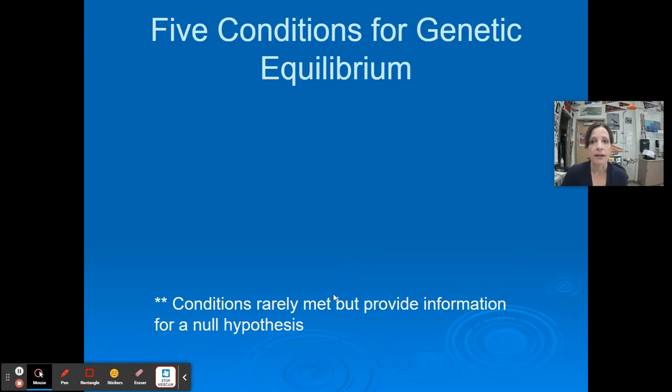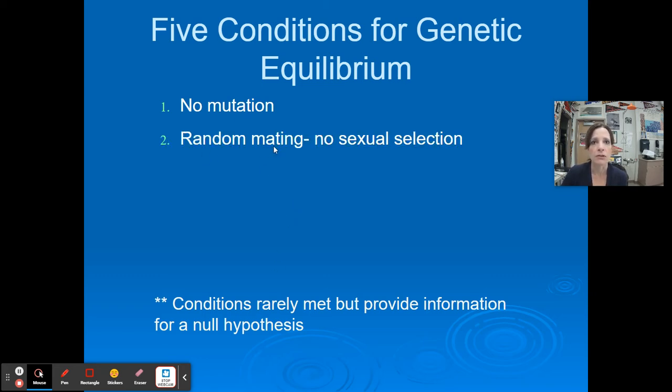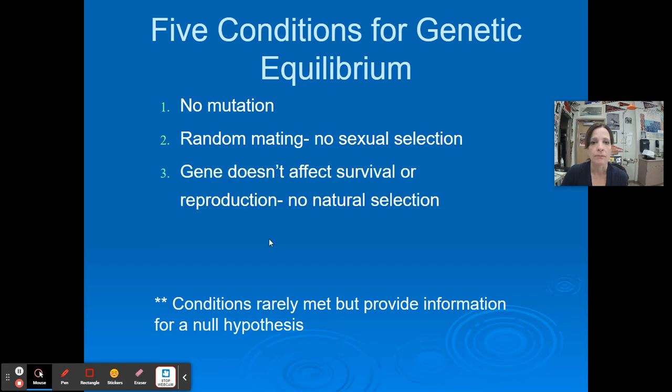Now, there are 5 conditions for genetic equilibrium, and the first one is that there are no mutations. So we know that mutations happen all the time, and they're random. There's also random mating, which means no sexual selection. We also know that individuals almost always choose a mate because of different characteristics. The genes don't affect the survival or reproduction, which means there's no natural selection.